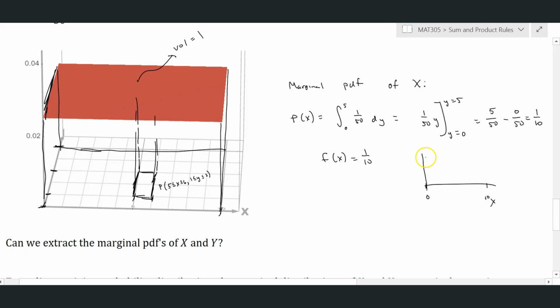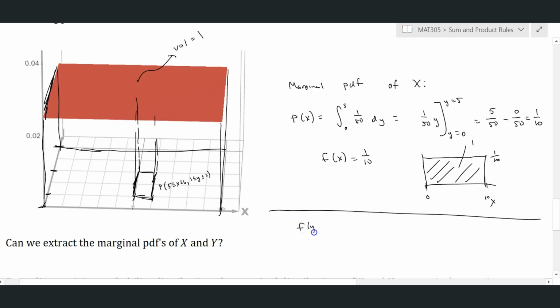And so on a 10-minute uniform interval, in order for this area to be 1, because the bus is going to arrive somewhere between 0 and 10 minutes, width times height has to equal 1, and if 10 times height has to equal 1, then that has to be a height of 1/10. And so that would be the probability distribution function just for x. And now I could answer questions just related to bus 1 without respect for bus 2.